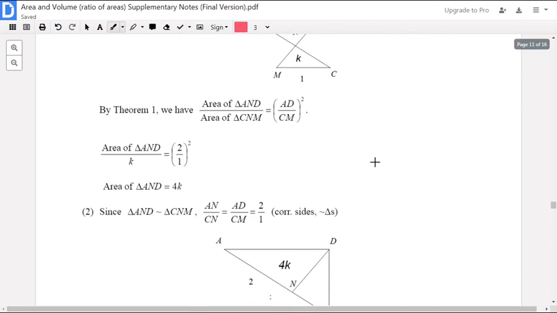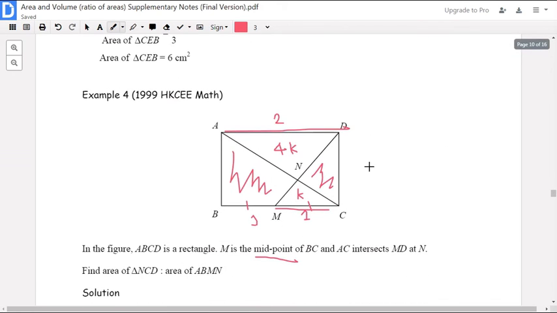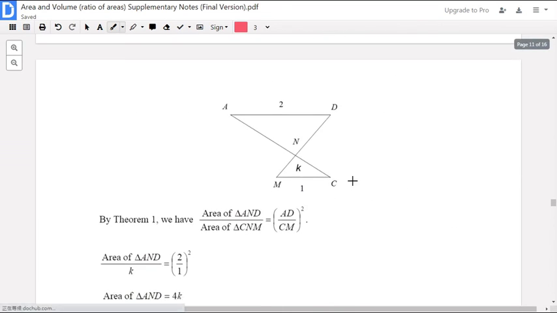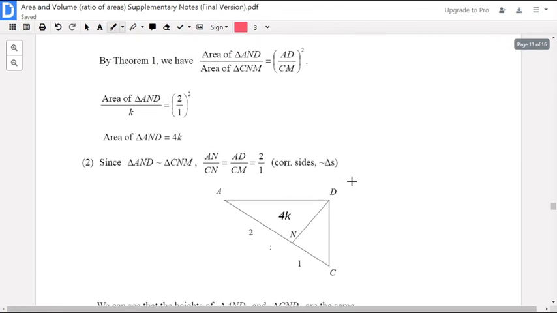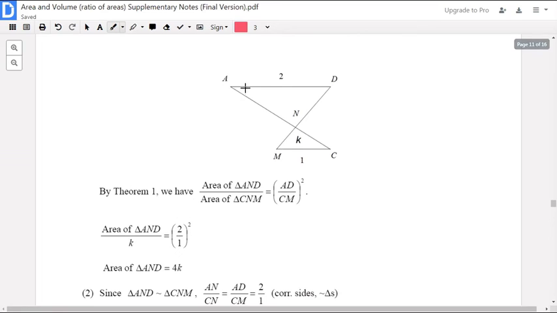And then, we move on to the next part. In this figure, we move on to this half of the rectangle, ADC. The ratio here is 2 to 1 because we have proved that ADN and CMN are similar.